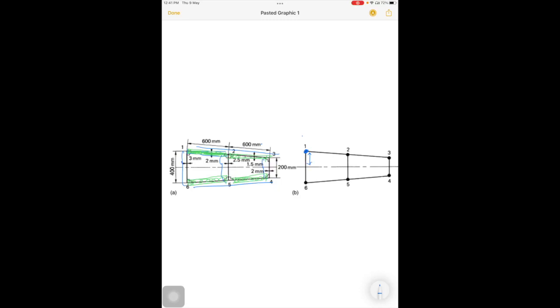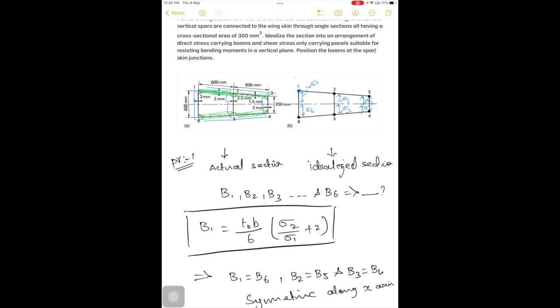This length is sigma 1, this length is sigma 6, this one is sigma 2, this is sigma 5, this is sigma 3, and this is sigma 4. Based on this, we will identify sigma 1 up to sigma 6.